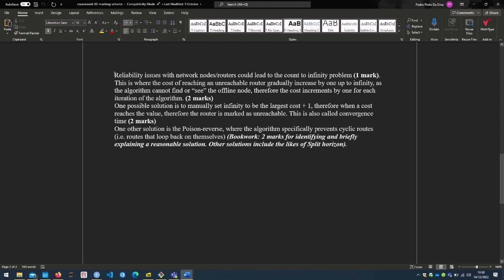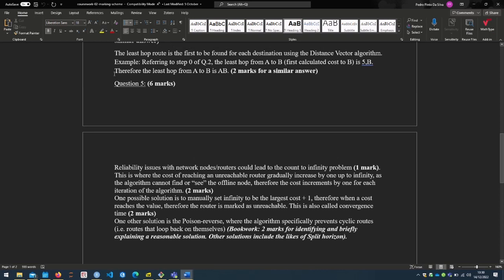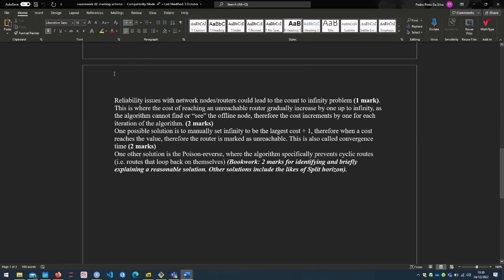What's important here is to understand that the count to infinity problem can arise, the circumstances in which it can arise, and maybe suggest a simple solution based on the lecture notes. At least one simple solution would be nice.